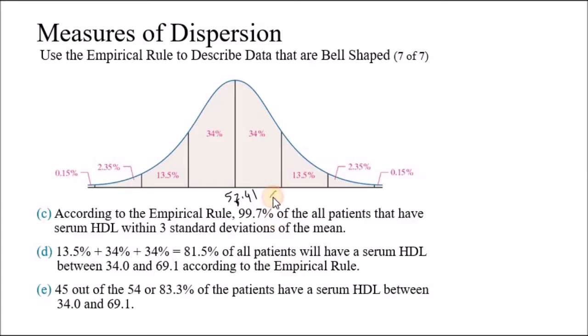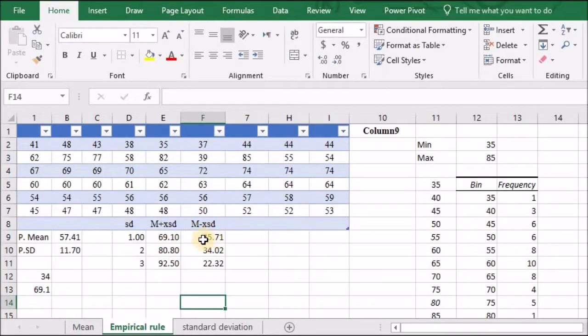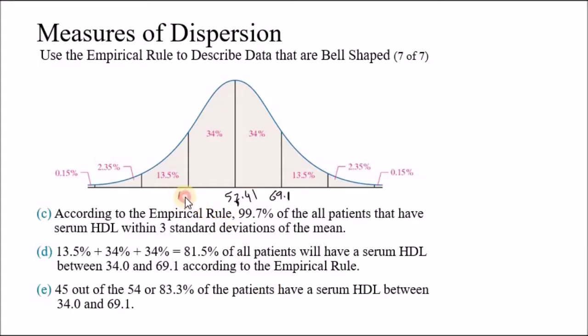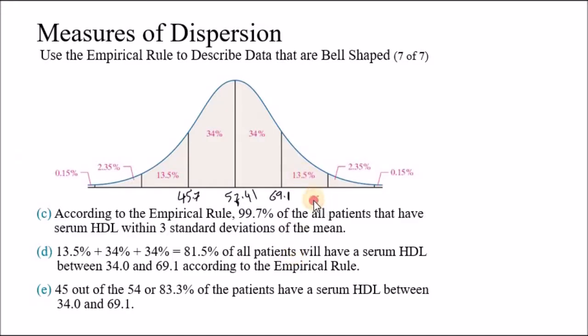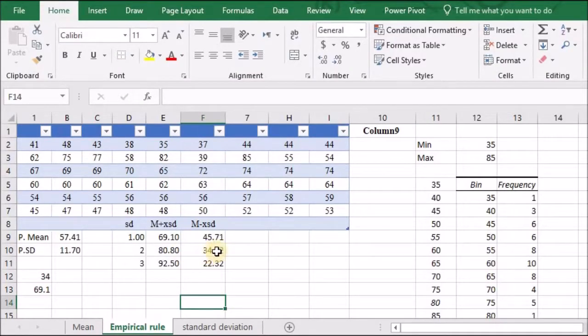This means this is 69.10. And then minus 1 standard deviation will be 45.7. So this is 45.7. And then plus 2 standard deviations will be 80.8. So this will be 80.8. And minus 2 standard deviations will be 34.02.